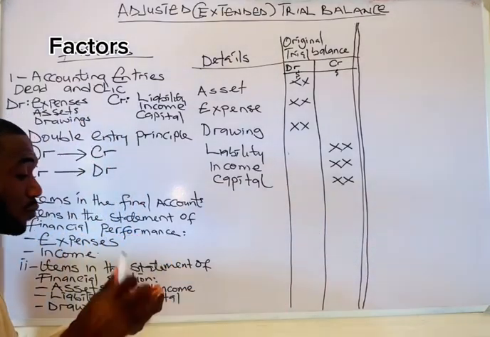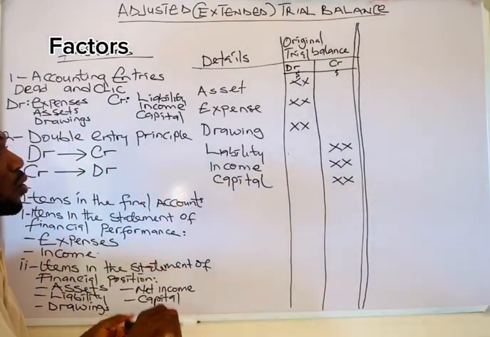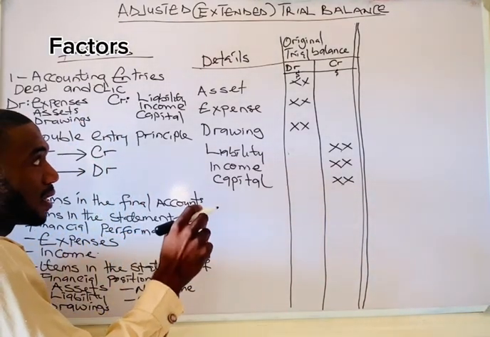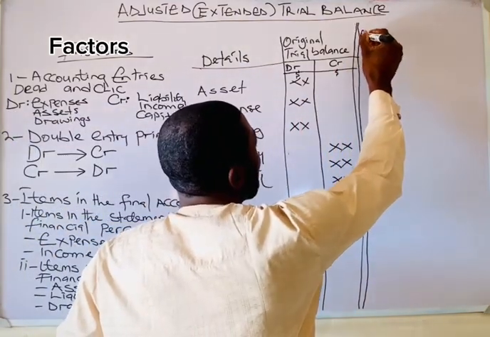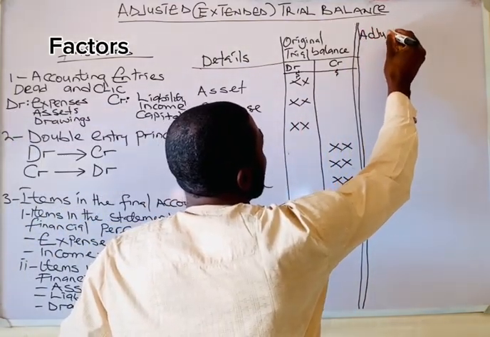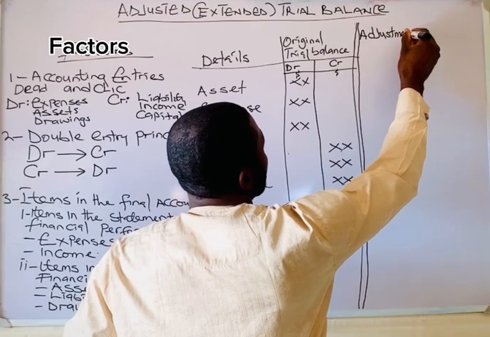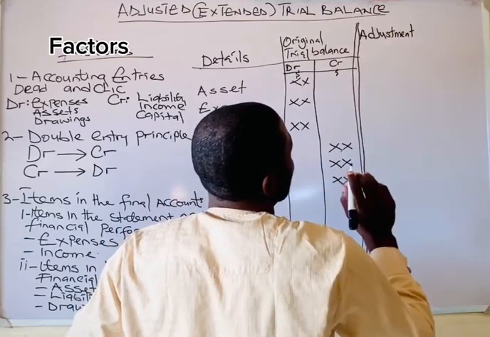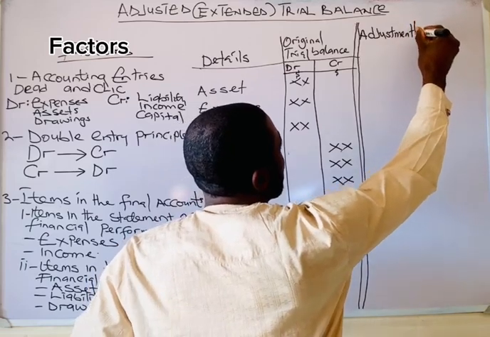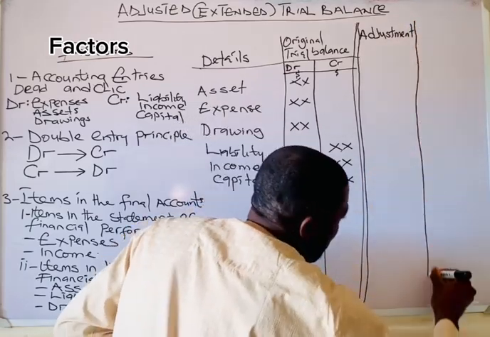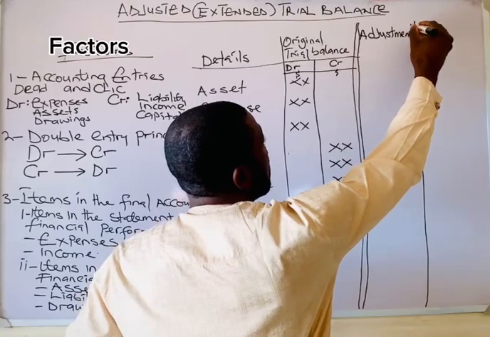We must create another column for the adjustment. And that is why we must have an adjustment column. Simple as that. So this is our adjustment column.